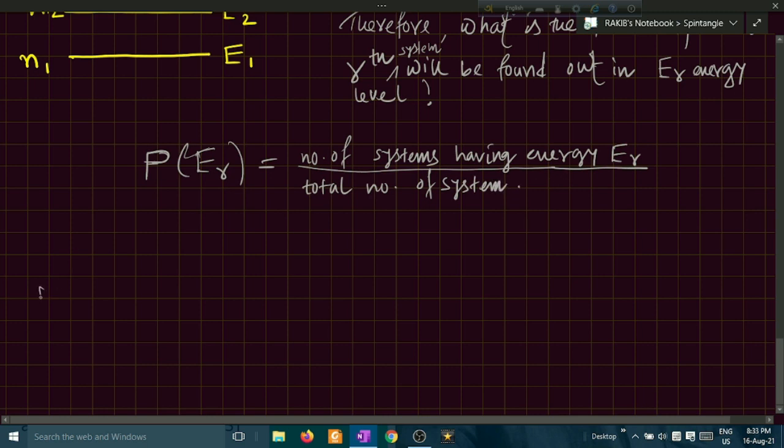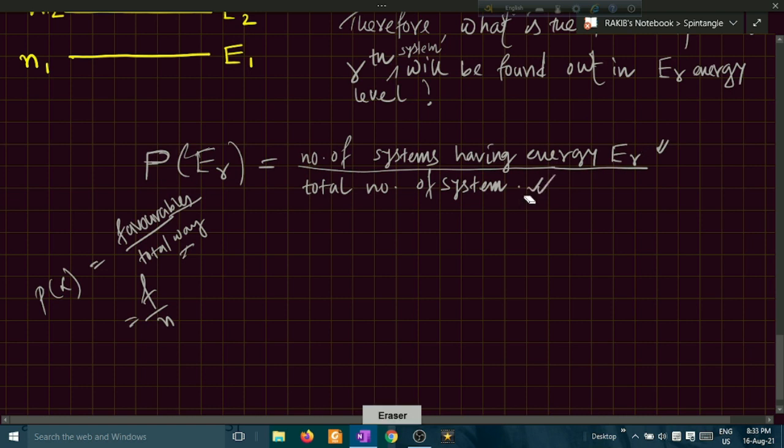What we have seen is that the probability of having some variable is equal to the number of favorable ways divided by the total number of ways. In the numerator you have the favorable ways, and in the denominator you have the total ways. This is the ultimate thing for getting probability.